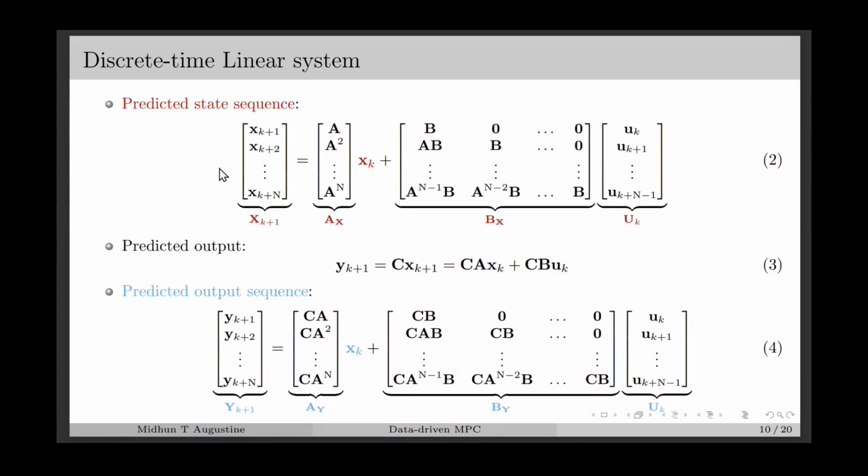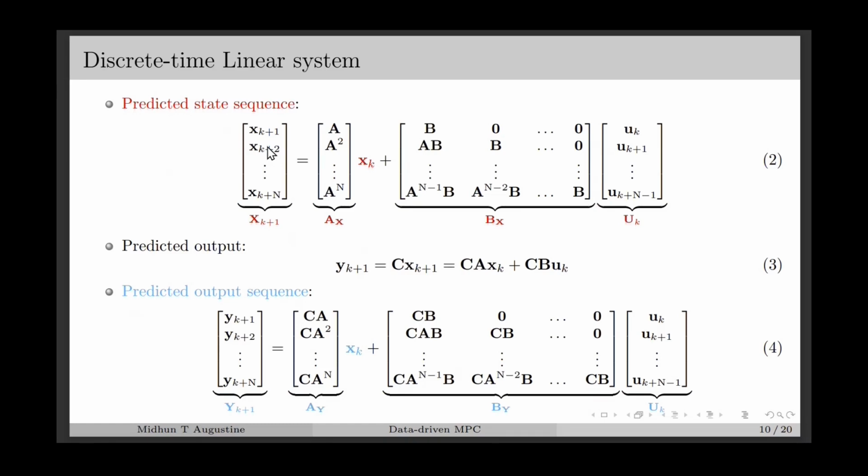Now, using the state equation, we can compute the predicted state sequence as in equation 2, where capital X_{k+1} contains the predicted states over the next N instances. By the state equation, x_{k+1} equals A x_k plus B u_k, and x_{k+2} equals A x_{k+1} plus B u_{k+1}.